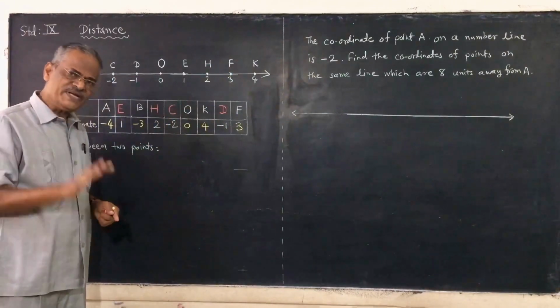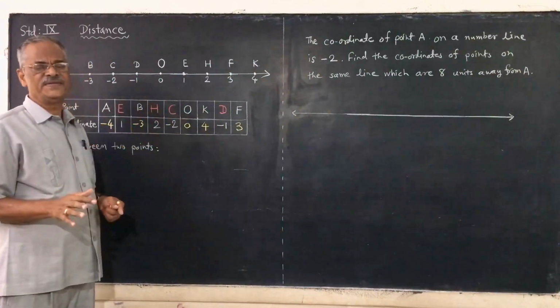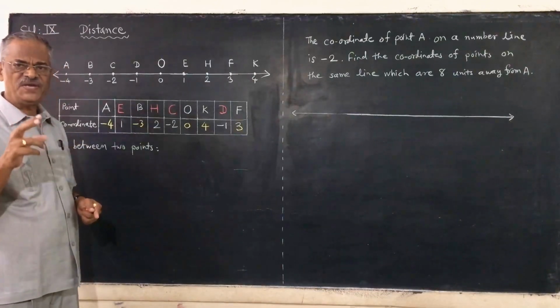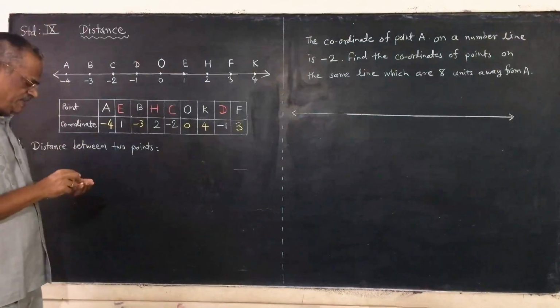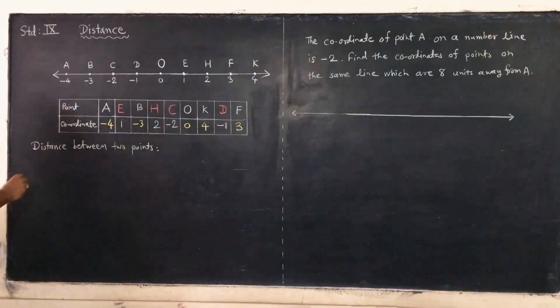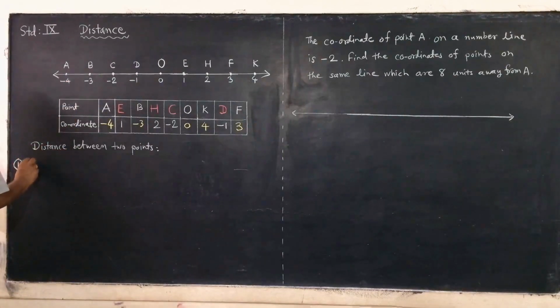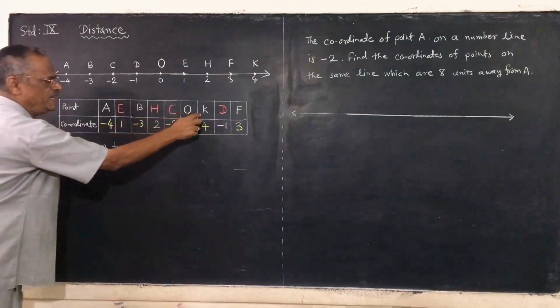But when the coordinates are given on the number line, how to calculate the distance between 2 points? That is very interesting. Suppose the first example, using the number line, coordinate of K. What is the coordinate of K? It is 4.